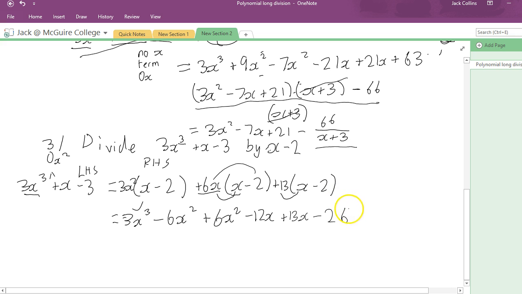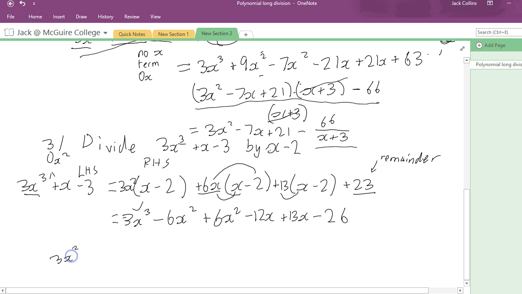Now we want to end up with minus 3. So what we need to add on at the end is plus 23. So our remainder is that part there.